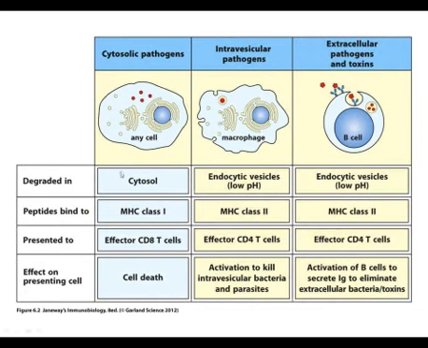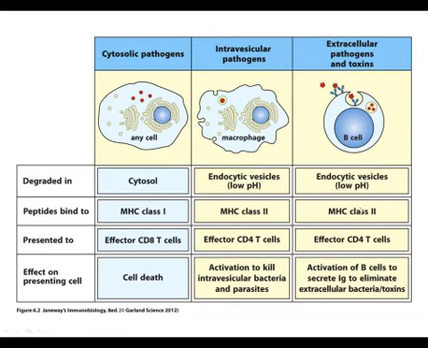All right. So one more time. You can have cytosolic pathogens that bind to MHC class 1 and are then presented to CD8 T cells. And then what's the result? Well, cell death, because as these intracellular peptides are presented, the T cell is going to recognize those as something it wants to destroy, and the way to destroy it is to destroy the whole cell. That's slightly different in pathogens that are endocytosed.